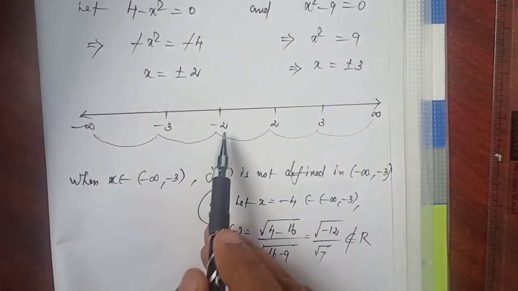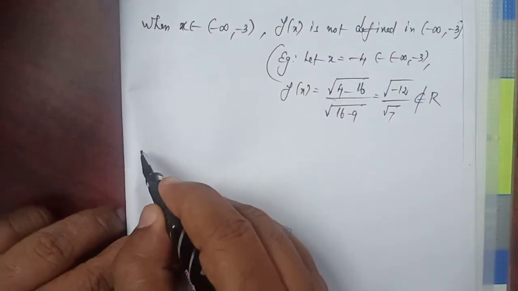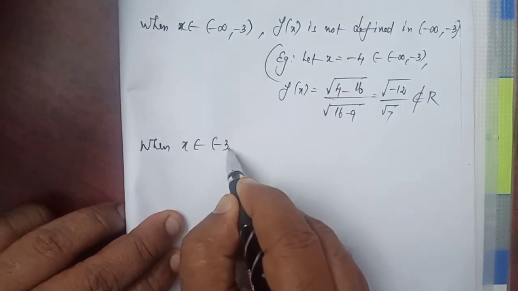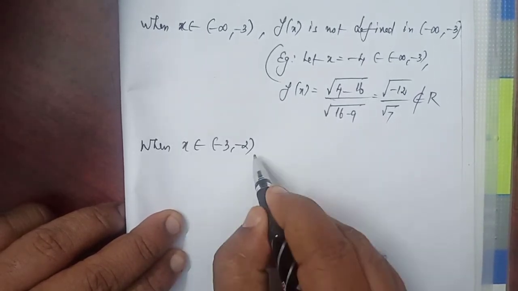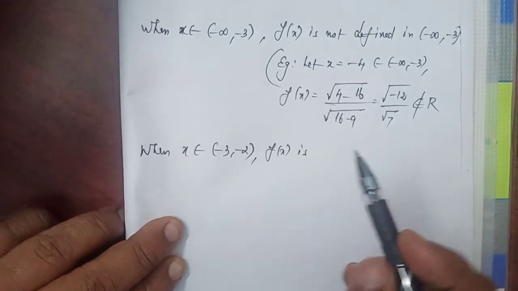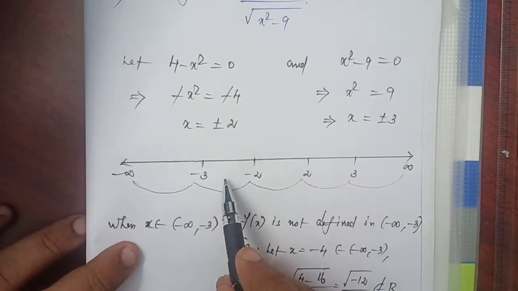Now I can go to the second interval, minus 3 comma minus 2. When x belongs to the interval minus 3 comma minus 2, we can verify f of x. In between minus 3 and minus 2, I take minus 2.5.